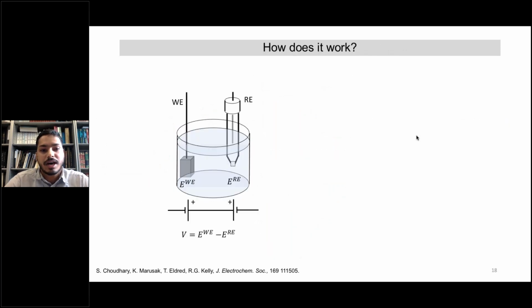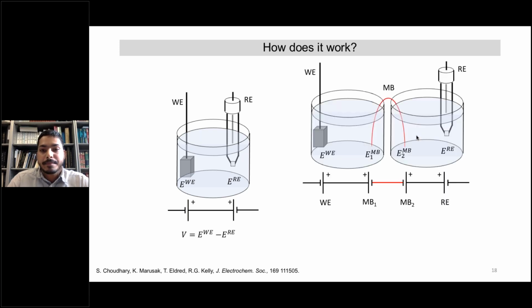Okay, so let's see here. So here is our conventional setup. In one beaker, you have your working electrode as well as your reference electrode, and these two electrodes can be considered as two batteries. And what we are measuring is the potential difference between these two batteries.